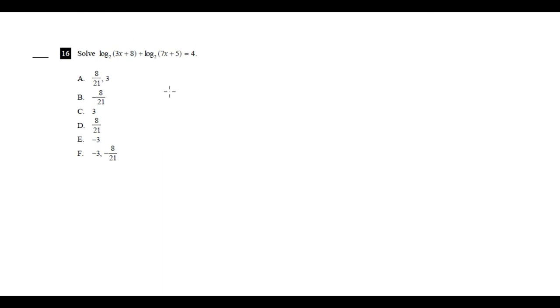So if we have a sum of two logs, we can condense that down to a single log. And inside this log will be the product of those two inputs, or those two arguments, 3x plus 8 multiplied by 7x plus 5. So I'll just use square brackets to make sure we're clear. That's all inside now a single logarithm. It's been condensed, and this is still equal to 4.